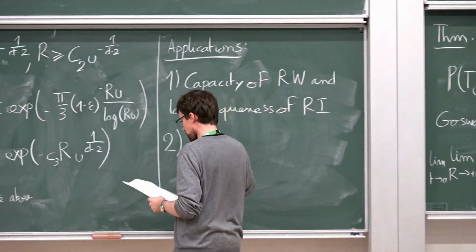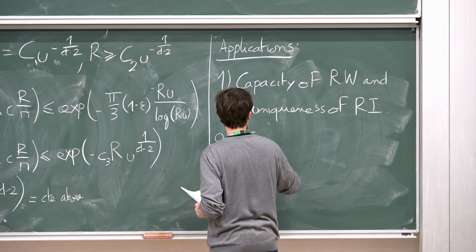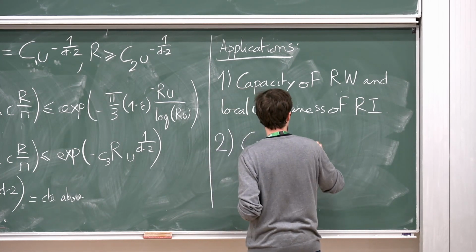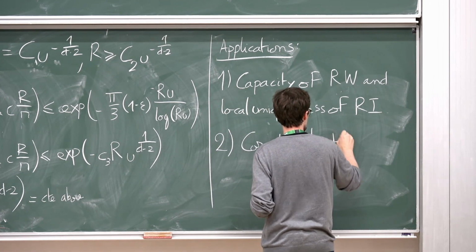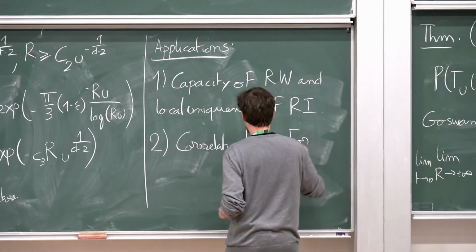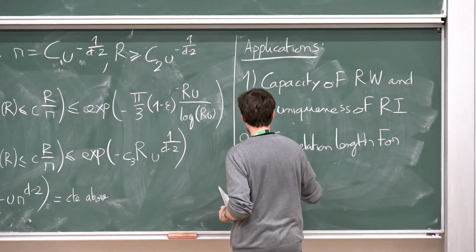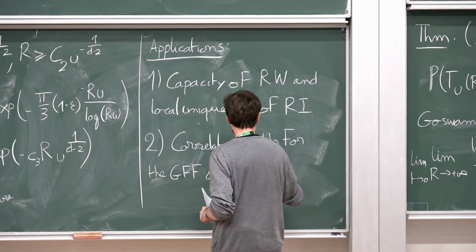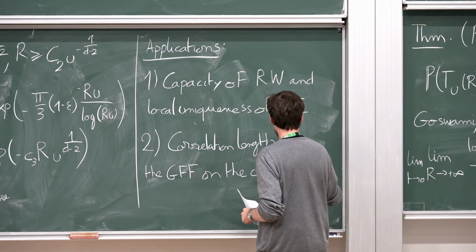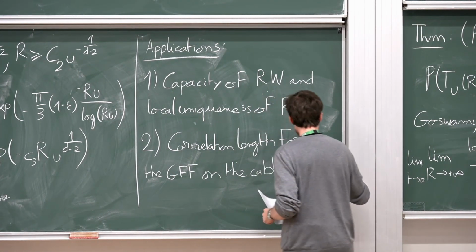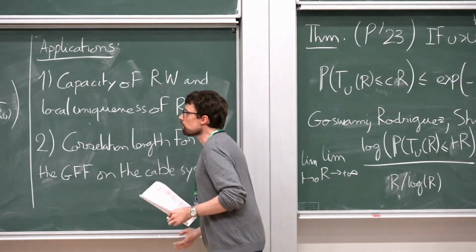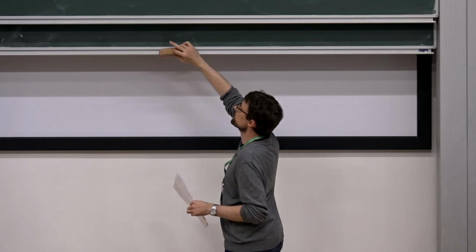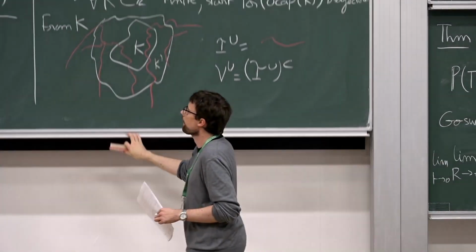is about the correlation length for the GFF on the cable system. So I will not have time to define this now, and Pierre-François is actually going to define it and go into much more detail tomorrow, for those of you who don't know it.